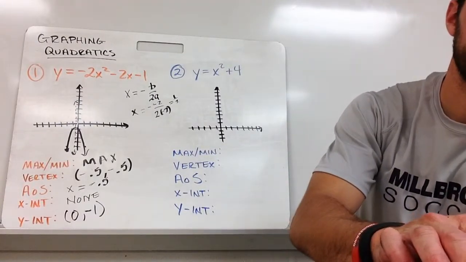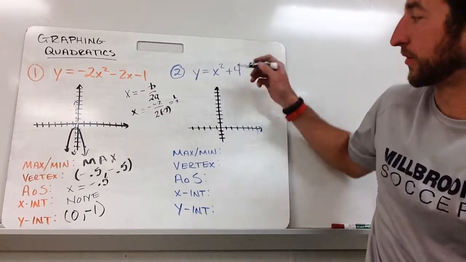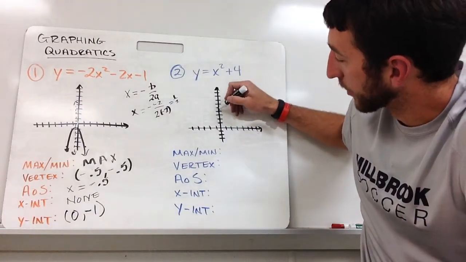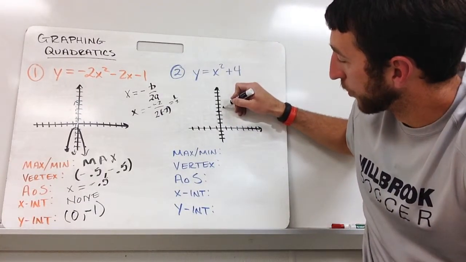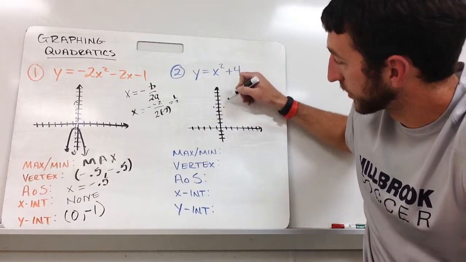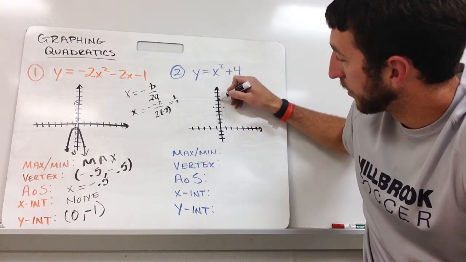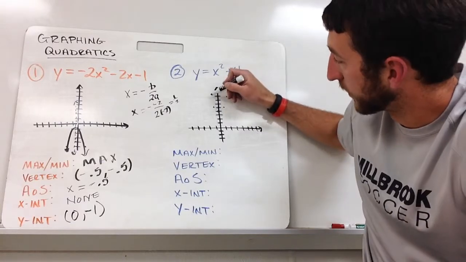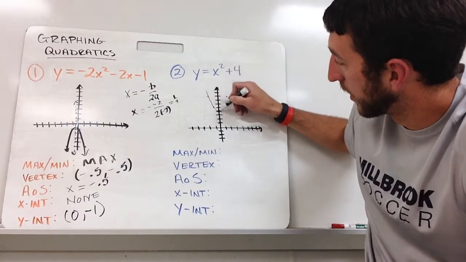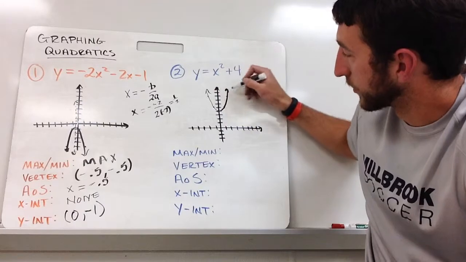Here, for x squared plus 4, if I were to graph that, I know it goes up to 4. If you were to do all this in the calculator just like we just did, you would see the same points that I'm putting in, and it looks just like that.